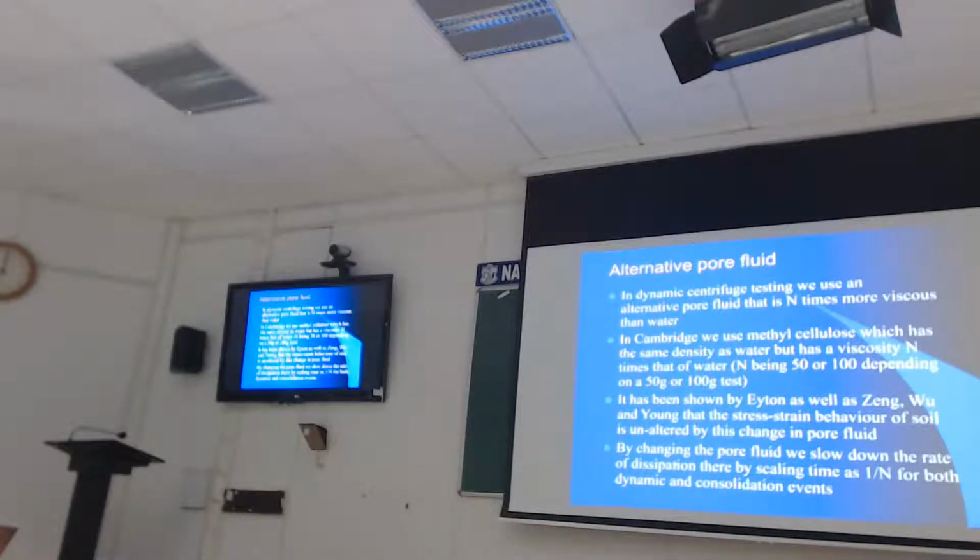What he's basically done is some cyclic triaxial tests with water and with viscous fluid, in those days silicon oil, and showed that the constitutive behavior is exactly the same. In other words, the stress strain behavior looks exactly the same.